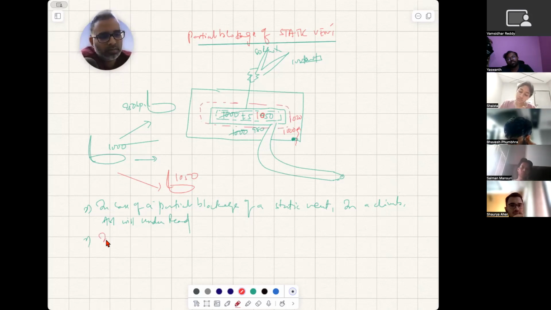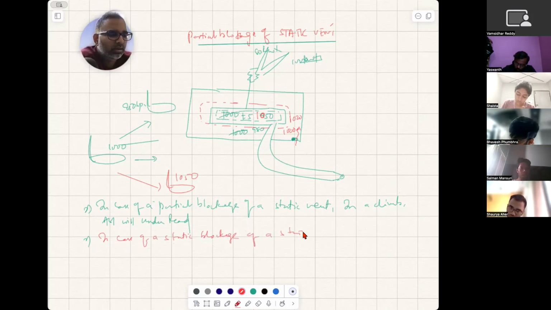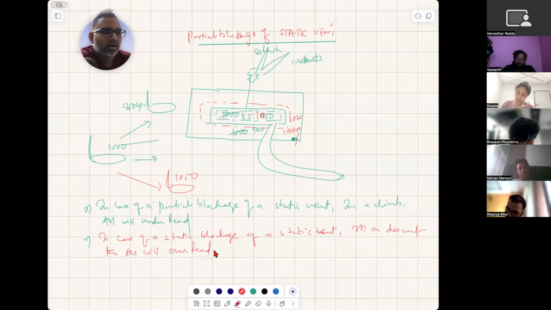Okay. So the mnemonic is the same for both partial and full blockage, right? Yes. But the mechanism is completely different. In a descent, it will overread. Did you understand?